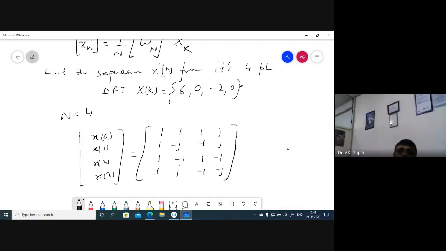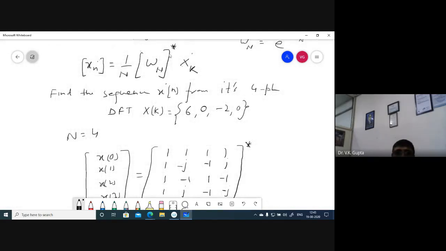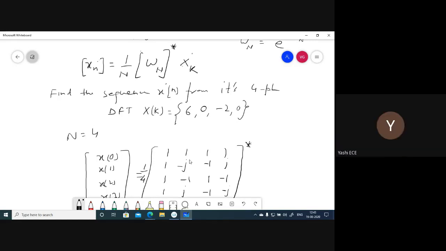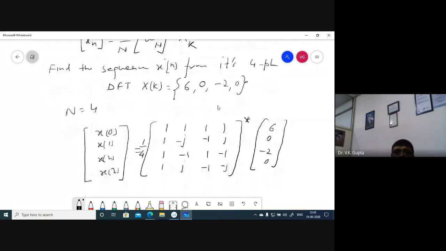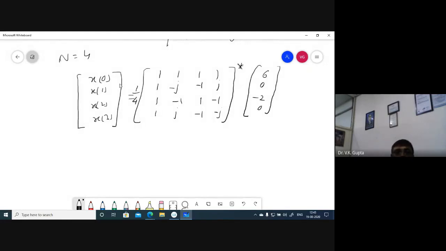And we have to apply conjugate here, and it is multiplied by 1 upon N. Then apply X[k], 6, 0, -2, 0. So by this formula we can calculate the input sequence from frequency samples.